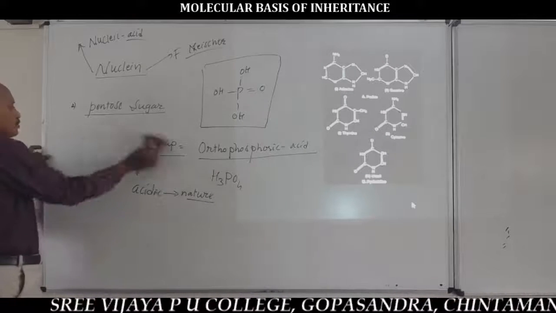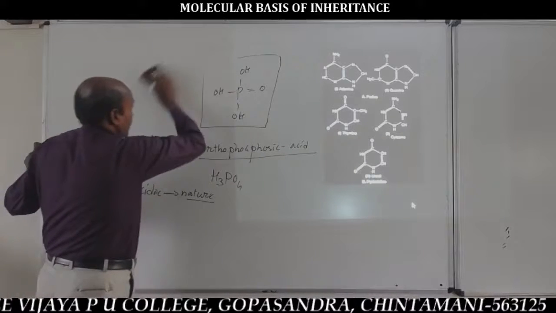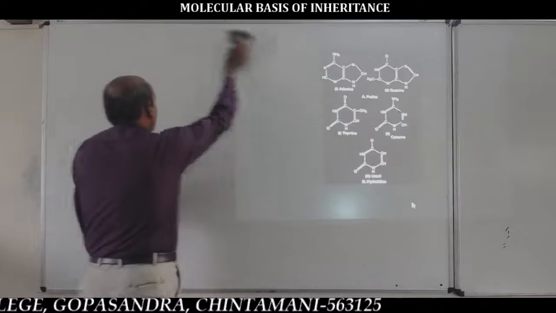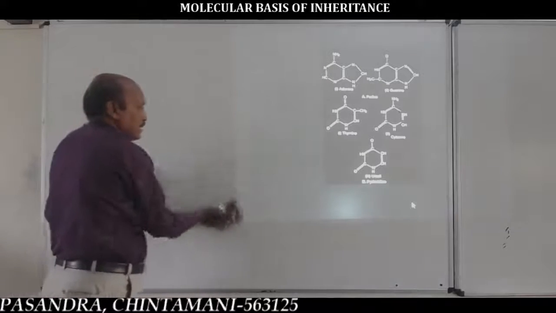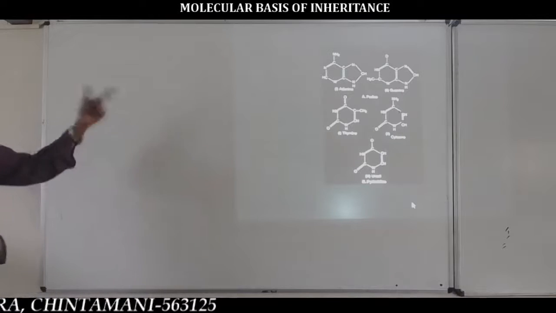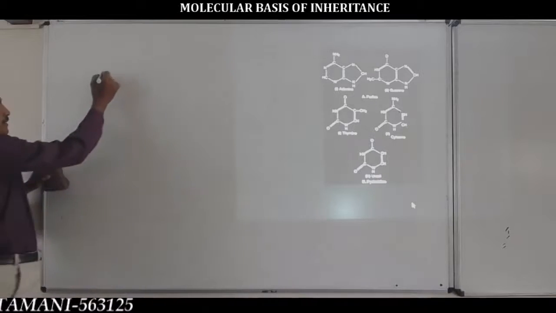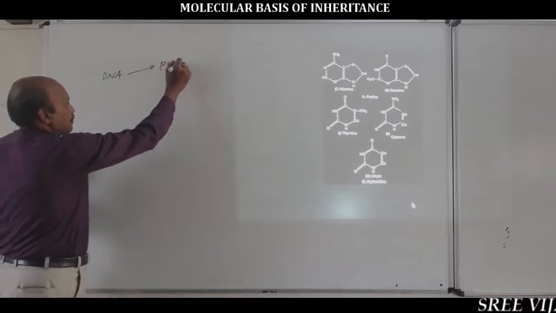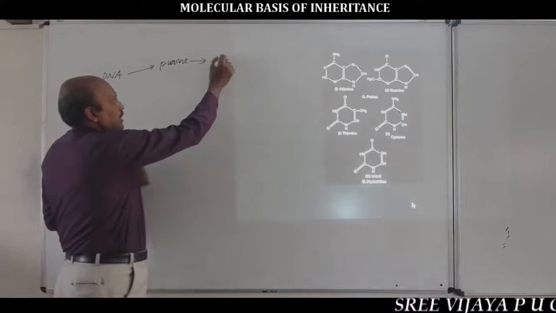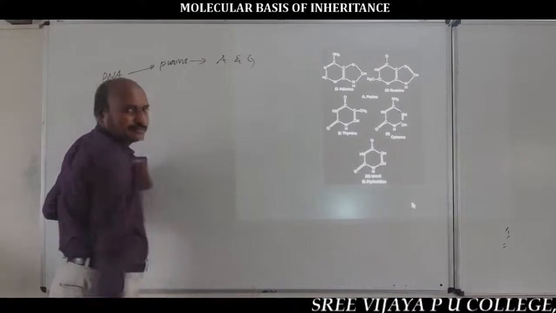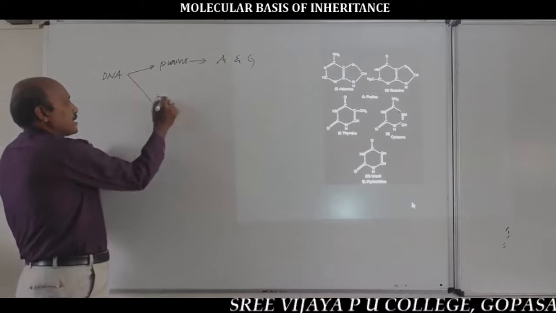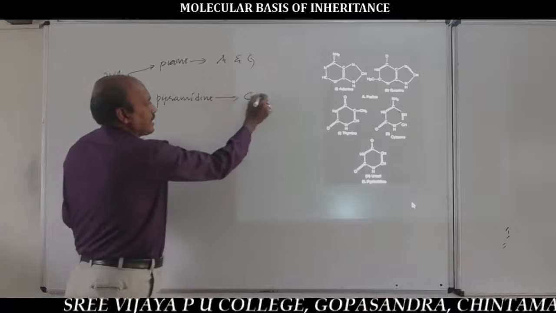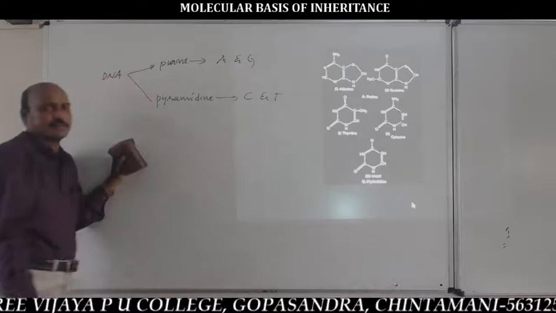There are 3 compounds present in DNA. You should remember, the first kind of chemical compound is the nitrogen bases, like purines and pyrimidines. In DNA, purine bases are adenine and guanine. Pyrimidine bases are cytosine and thymine.